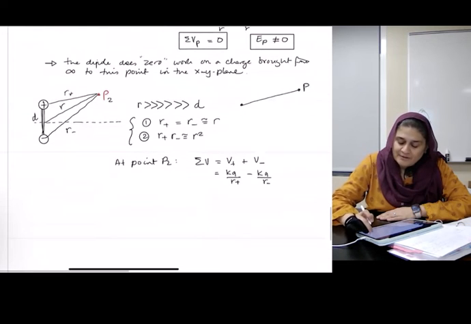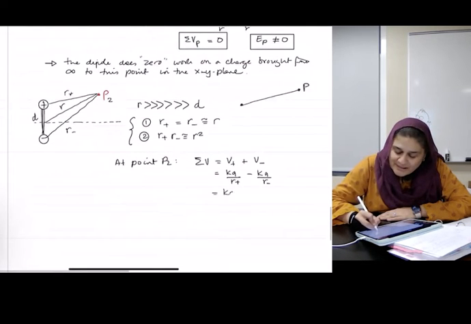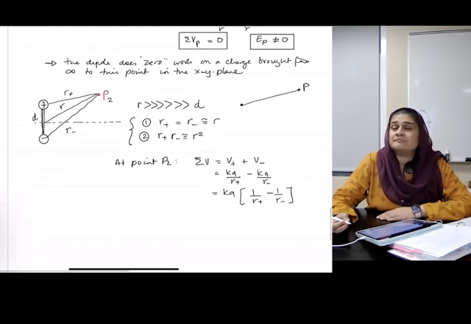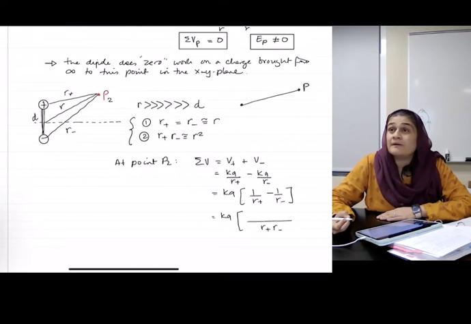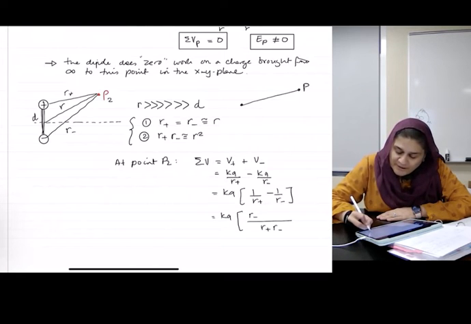Now, may I write this also as KQ times 1 over R plus minus 1 over R minus? May I take an LCM? R minus minus R plus.